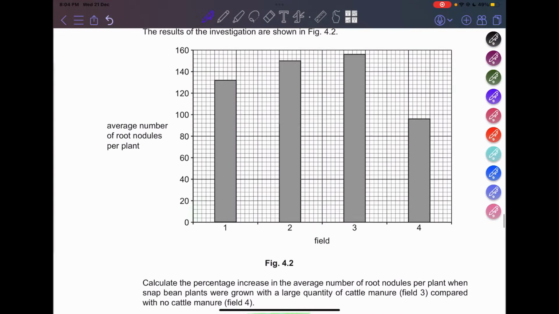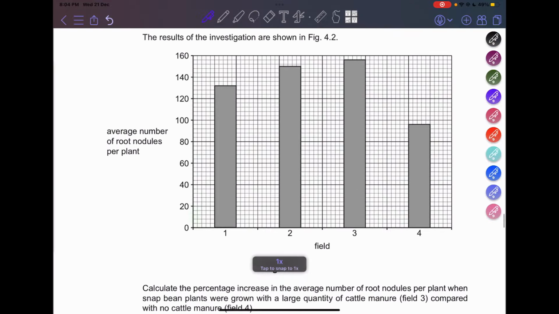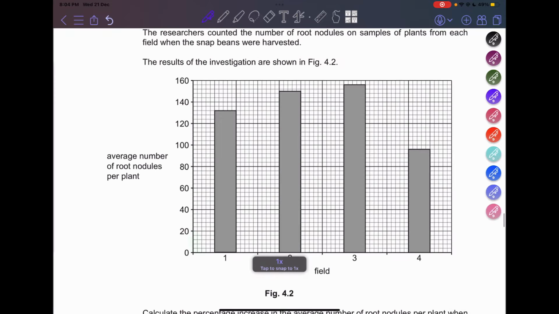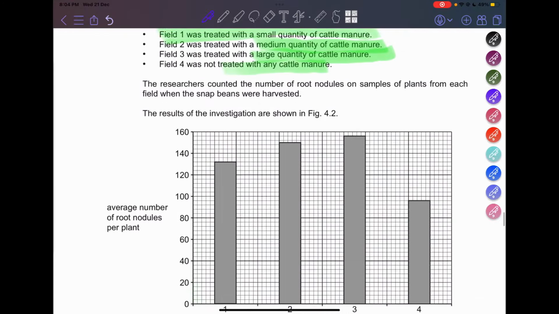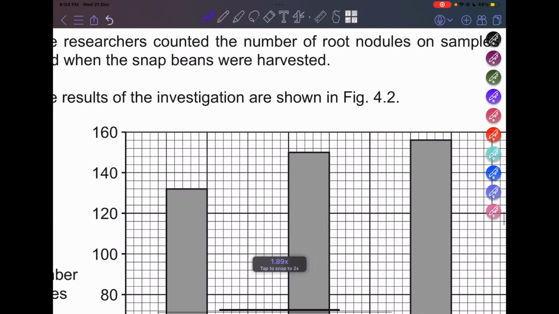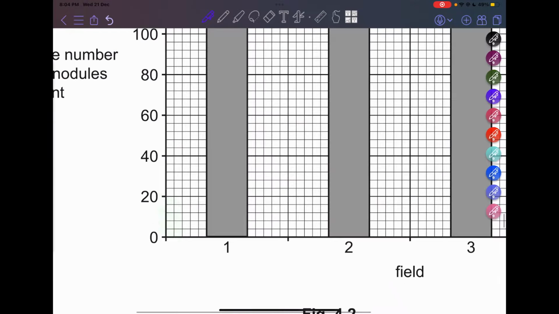Over here, for field 3, of course, will have the highest average number of root nodules. So we're going to get the values of field 3 and field 4 and calculate the percentage increase. Over here at 3, we're going to draw a line to help us identify the value. So this graph, we're going to divide it. You're going to divide 20 by 5 squares to get the number that is in each square. When you divide it, it's going to give you 4.